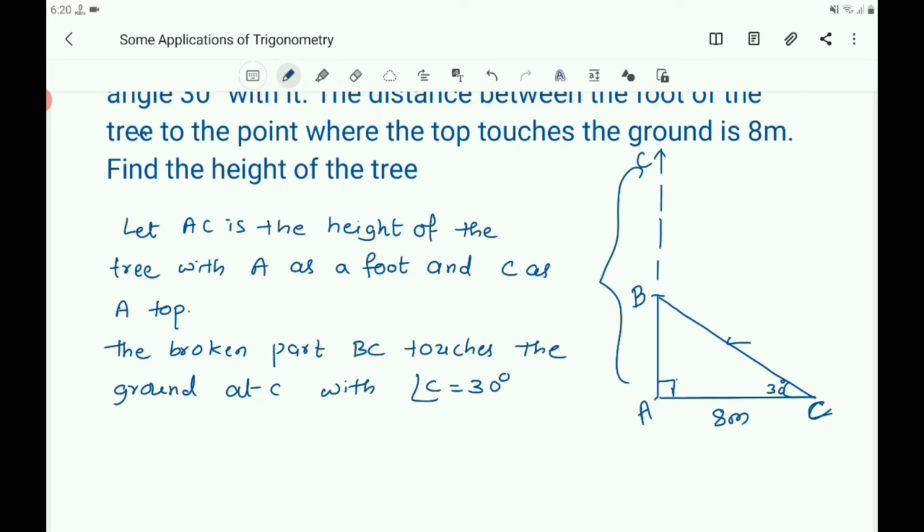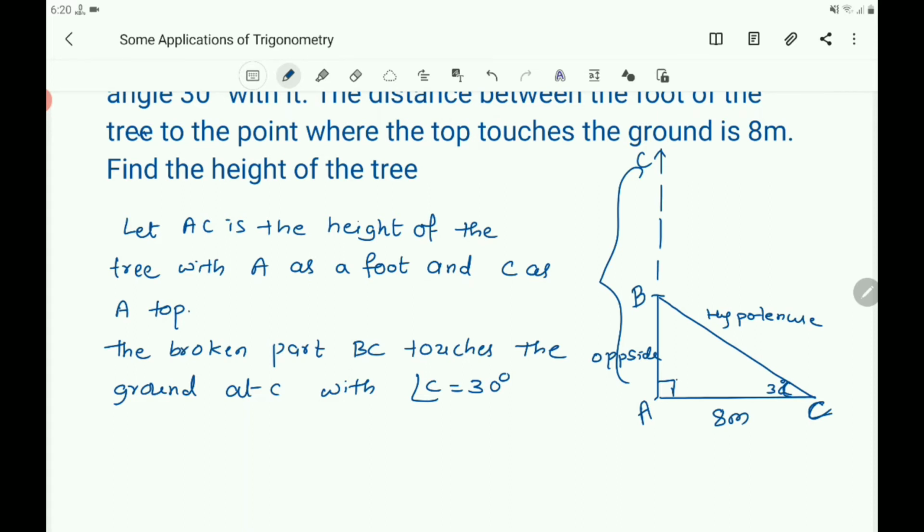Now how will you get AB and BC? Here AC is given. With respect to the angle C, AB becomes the opposite side and BC is the hypotenuse.